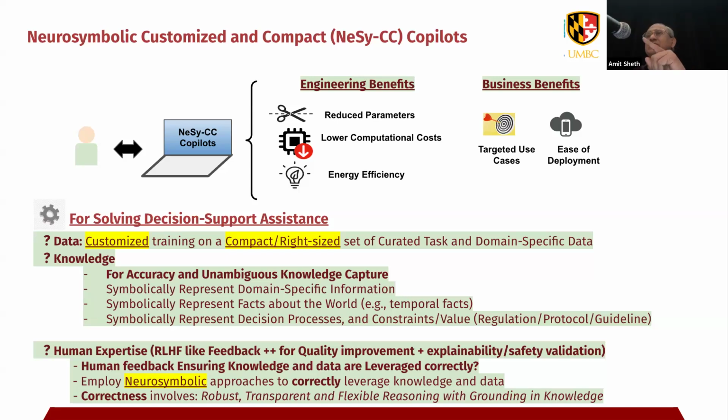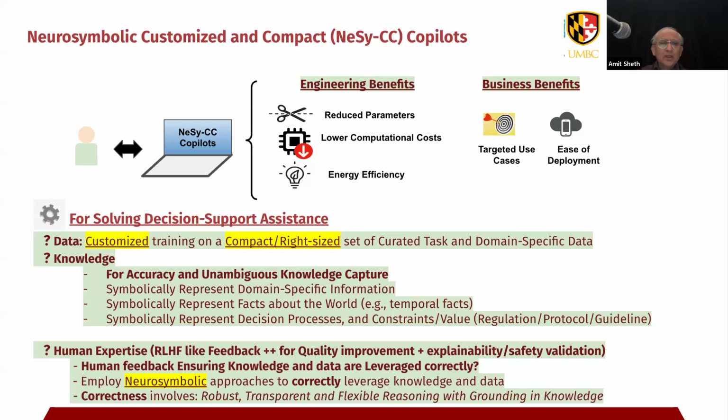For explainability and safety purposes, you need to have specific harnesses, specific guidelines and specific evaluation methods to make sure the models are behaving in a robust and trustworthy manner.